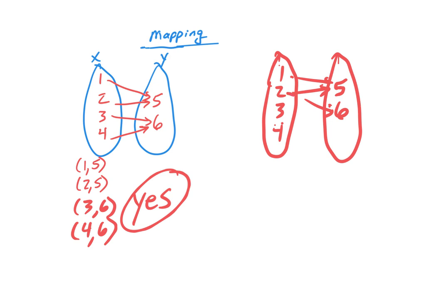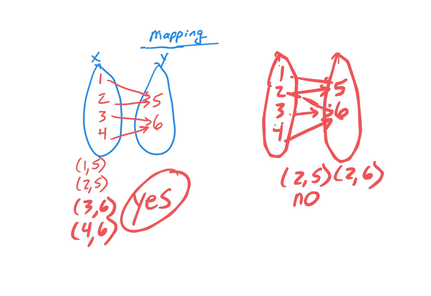Right away, I don't even necessarily care what 3 and 4 go to. I could say 3 goes to 6, and 4 goes to 6. In this case right here, we have 2 arrows leaving from 2. So that means 2 goes to 5, but 2 also goes to 6. So if 2 goes to 2 different y values and the 2 repeats, then we would say this is no. Because 2 goes to 5 and 2 goes to 6 also. That x value repeats. So it depends on where your arrows are and what number they are matching or mapping to. We call that a mapping.